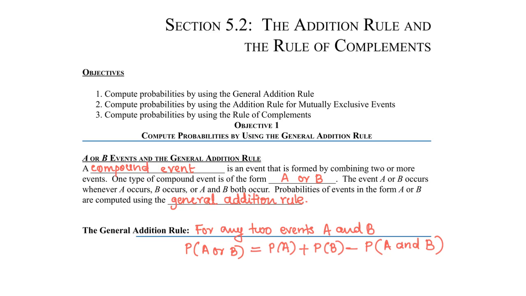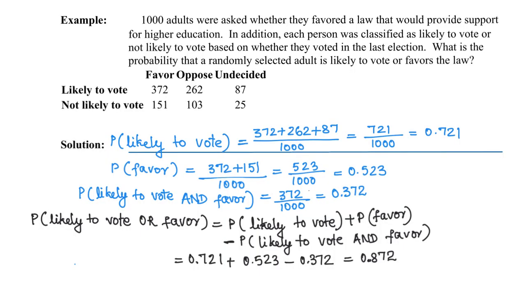In this example, we need to find the probability that a randomly selected adult is likely to vote or favors the law. In the first approach, we will use equally likely outcomes, and in the second approach, we can use the formula which I explained on the first page.